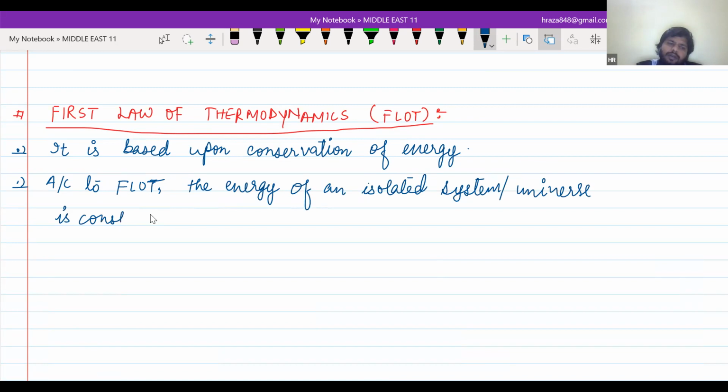You already know that. Just the sentence is changed, but the meaning is the same as we studied in class 9th, that energy can neither be created nor be destroyed.